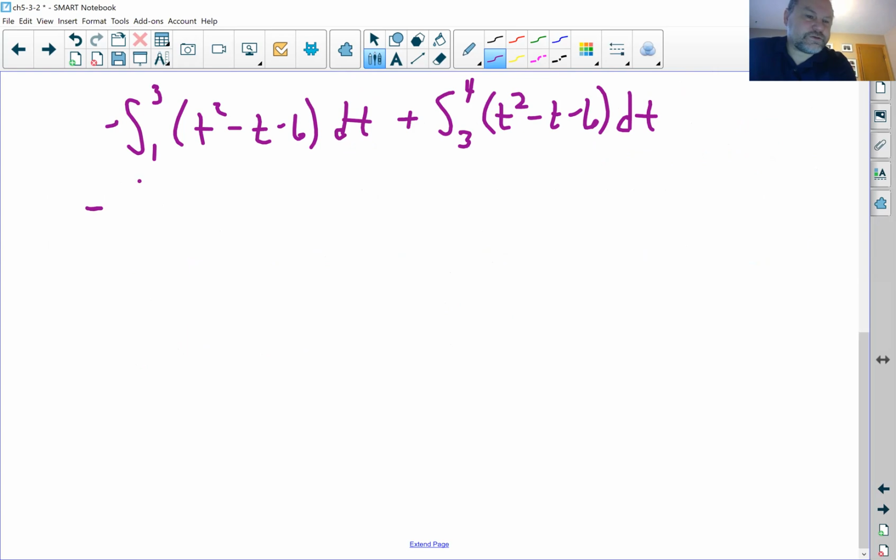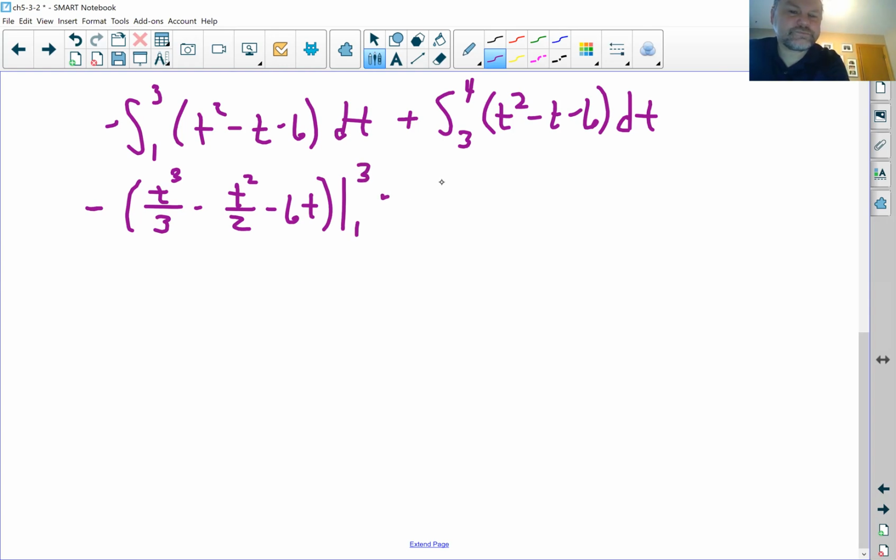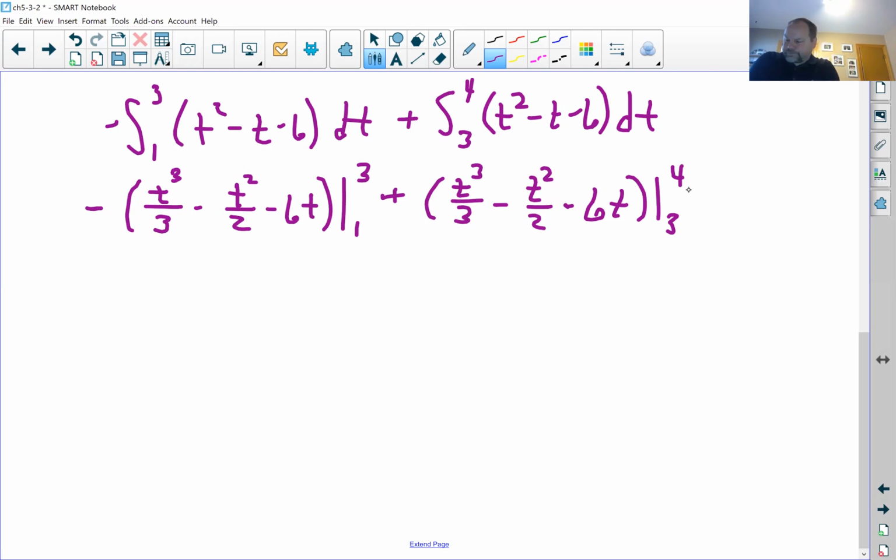The integral is going to turn out the same as far as the function goes. And then, of course, we would plug values in and evaluate.